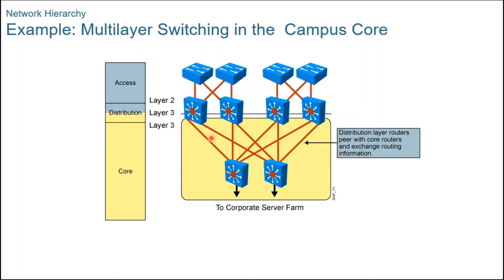Step 3, the packet is layer 2 switched across the LAN core. Step 4, the receiving distribution switch performs multi-layer switching towards the access layer LAN. Step 5, the packet is layer 2 switched across the access layer LAN to the destination hosts connected to these layer 2 switches.